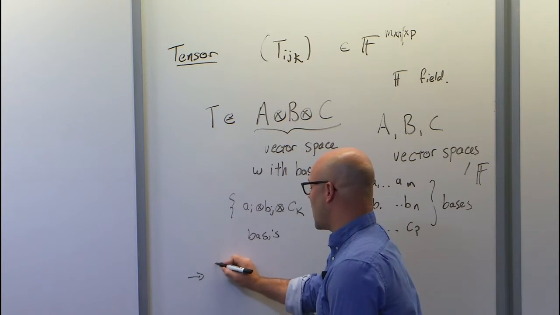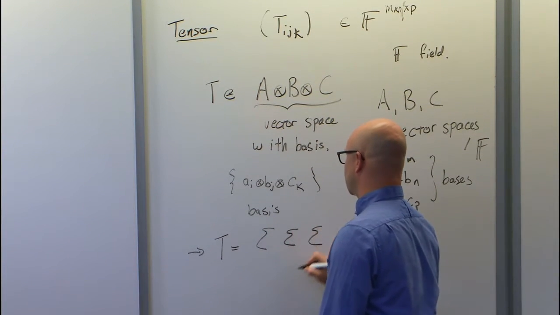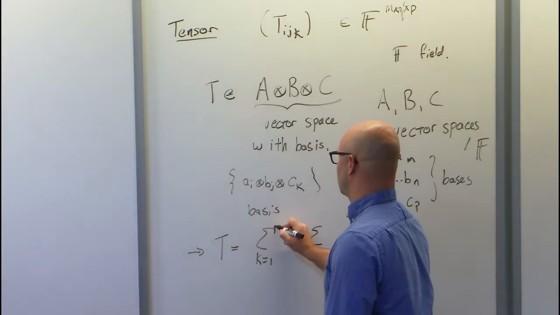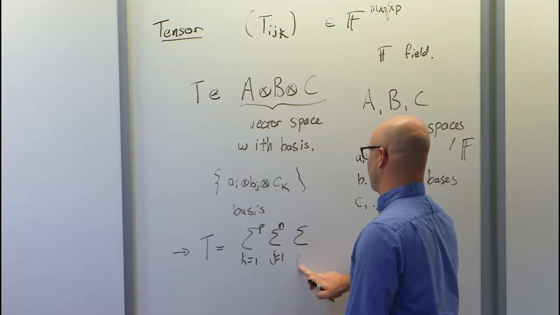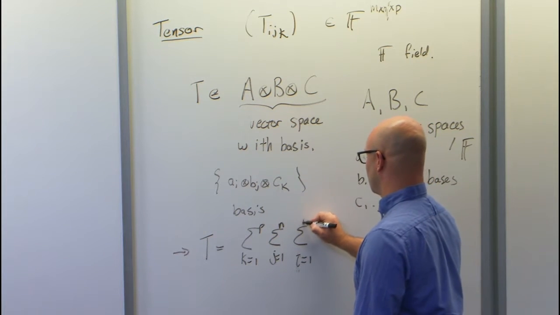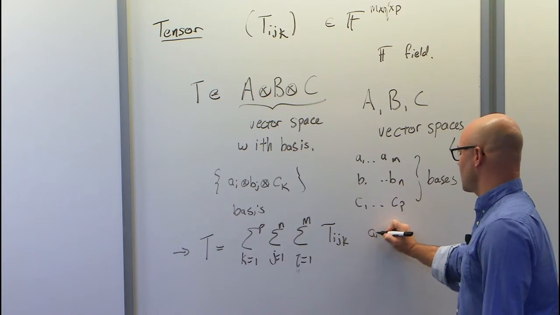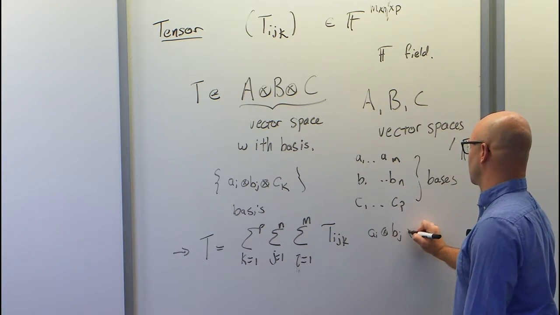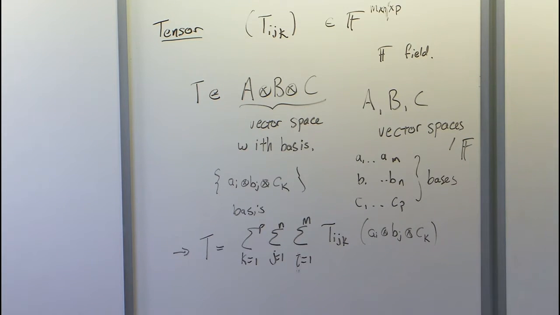This means that I can write my tensor T as a linear combination of the elements in the basis. Okay, so two different views of a tensor: a tensor is just a collection of numbers in a multidimensional array, or it's an element of a tensor product space.